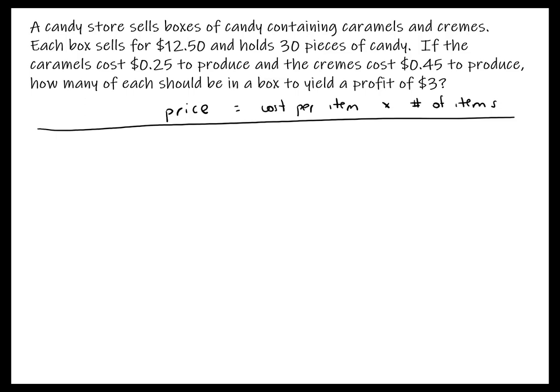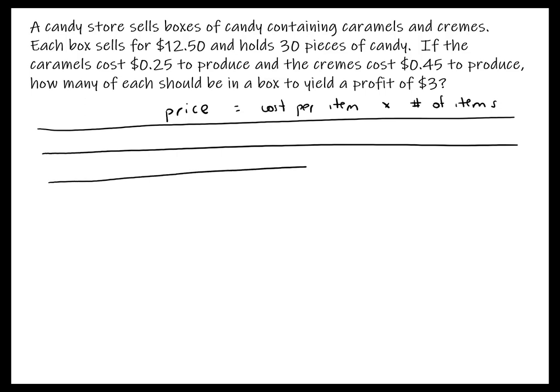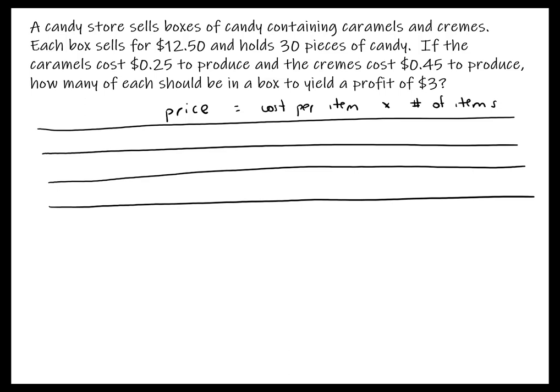We have two different types of candies that we're selling, and we want to combine them into one box. So we have a total. So we have caramels, and we have creams, and we want to combine. Alright.